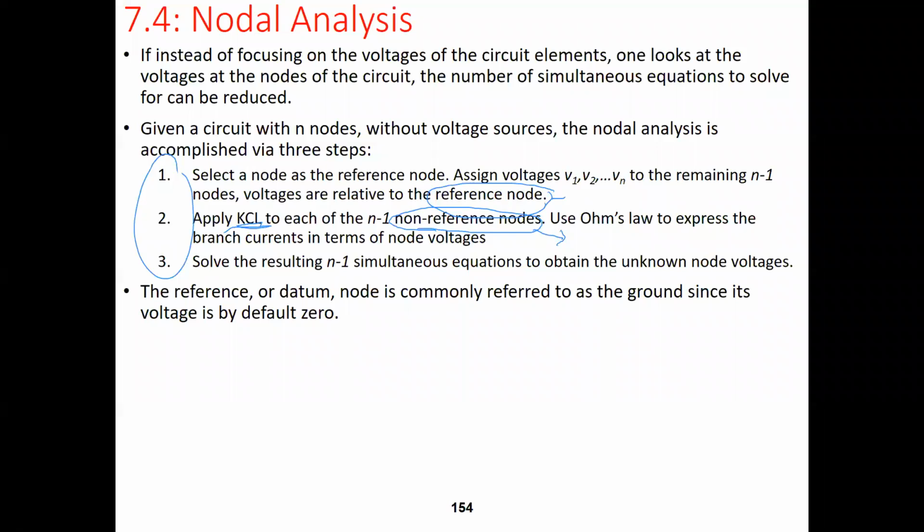Solve the resulting N-1 simultaneous equations to obtain the unknown node voltages. In the case of mesh analysis, we solve for the mesh currents. Now in nodal analysis, we solve for nodal voltages.